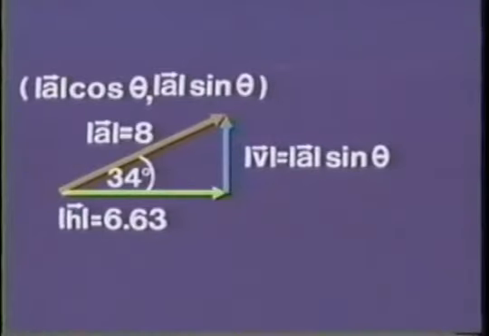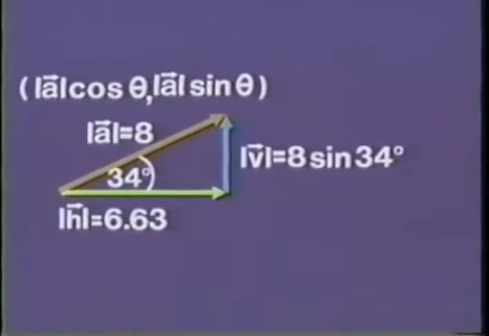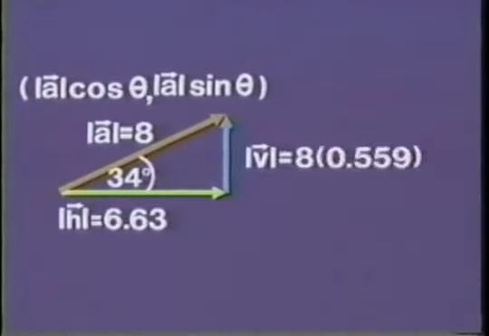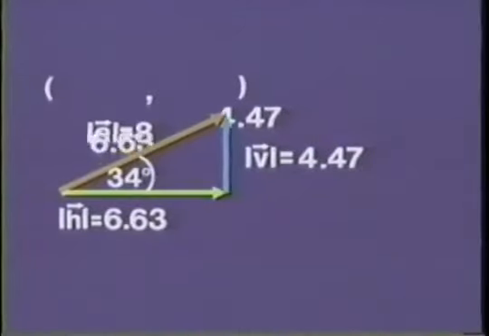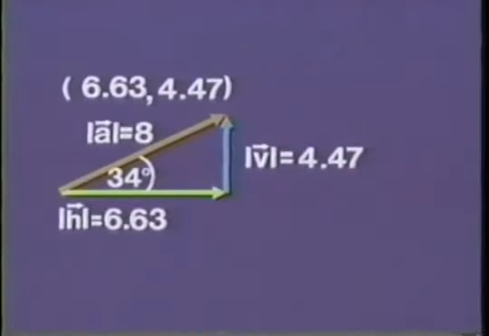The vertical component equals 8 times the sine of 34 degrees. 8 times 0.559, or 4.47 units. So the ordered pair for vector A is 6.63 units, 4.47 units.